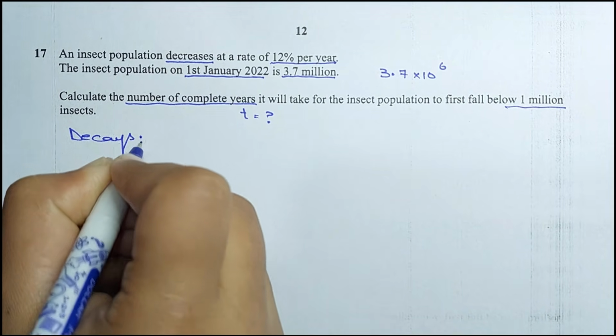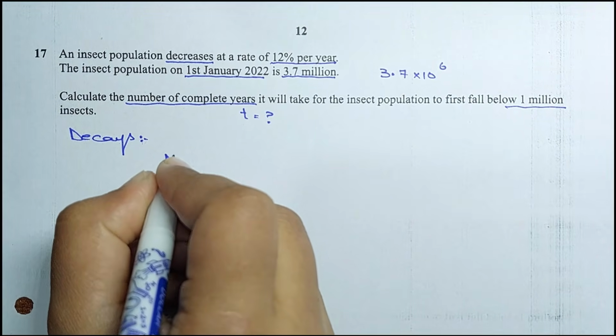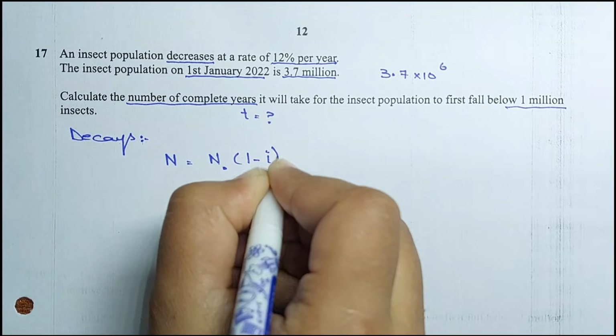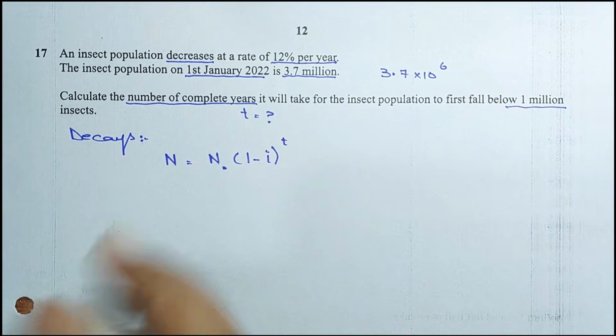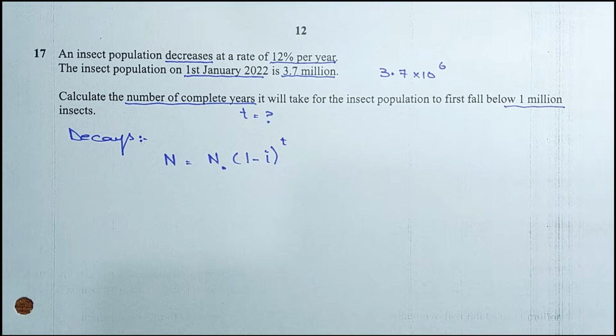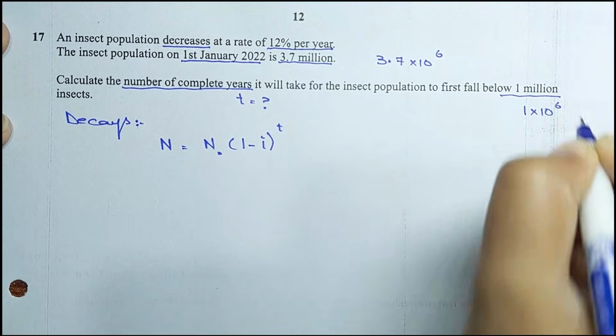That is a decay question, and it has a formula: N equals N naught times (1 minus i) to the power of t. Okay, so it drops, right? So it falls below 1 million, which is 1 times 10 to the power 6.